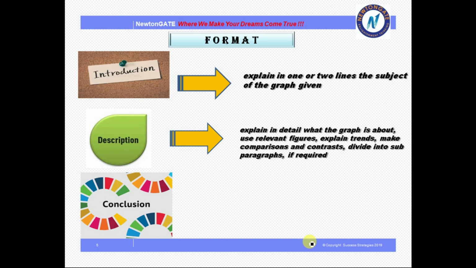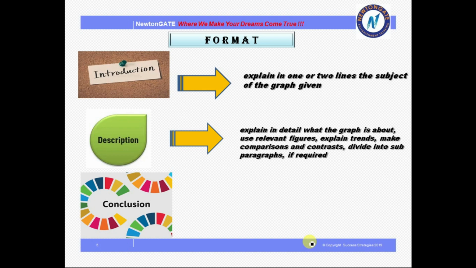The body can be broken into many divisions depending on the question. Comparisons can be given, like in the first graph I gave as an example, birth rate and death rate. Trends can be given, normal trends. Following the pie chart, any values can be given. How to write it or start it, I will show you later on.